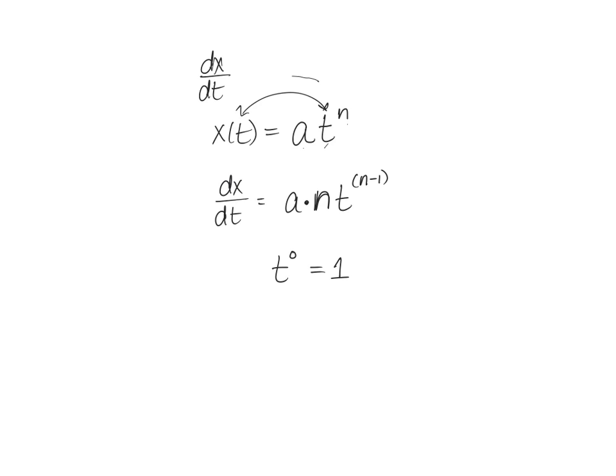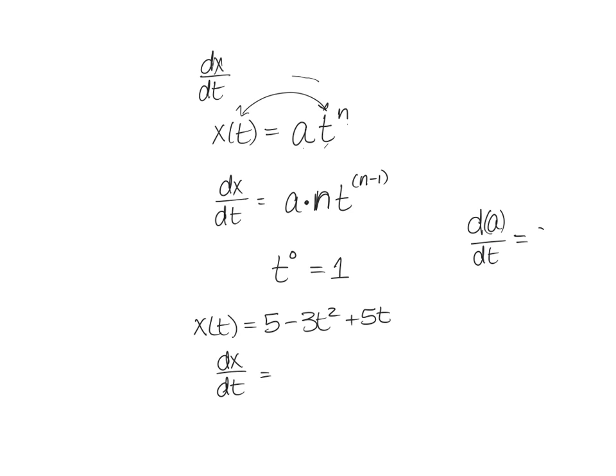So let's look at an example. When we look at this, we want to take the derivative of x with respect to t. Now, here we don't have any t dependence when we take the derivative of 5, so that could be something else that we would say: the derivative of a constant with respect to time or any other variable is just going to be 0.